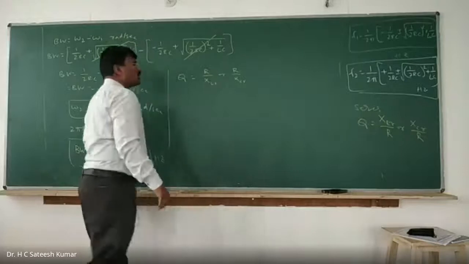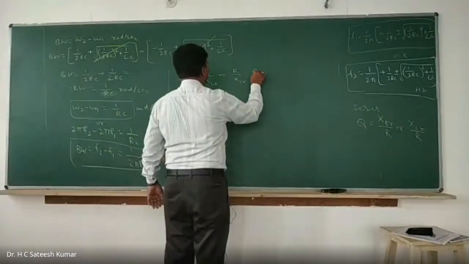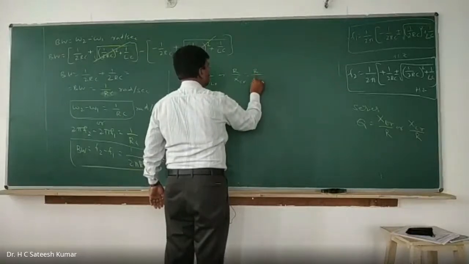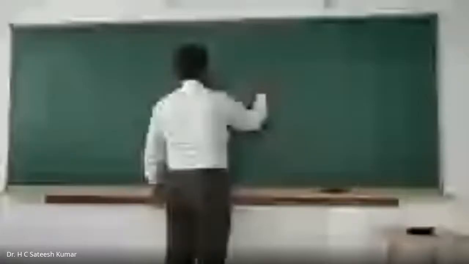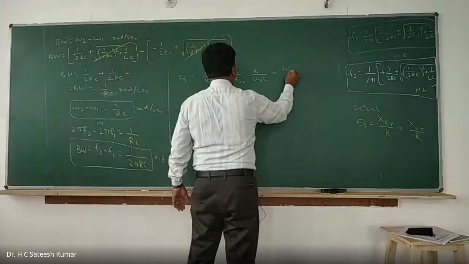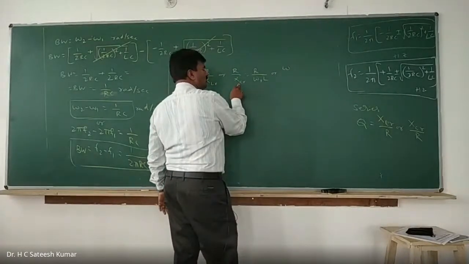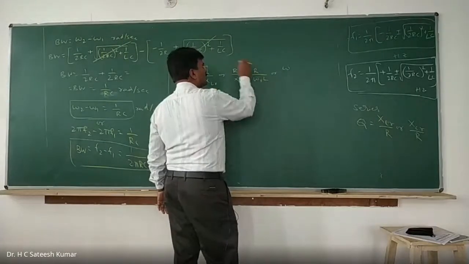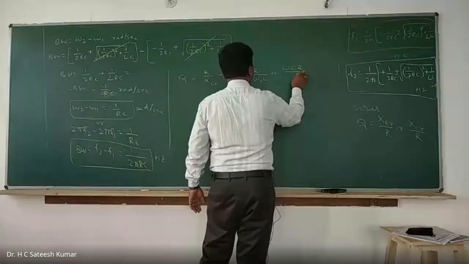That is the quality factor, which is nothing but R divided by omega R into L, or what can you write? It will go to the numerator, omega C into R, because XCR is 1 by omega C. So omega C into R we can write.